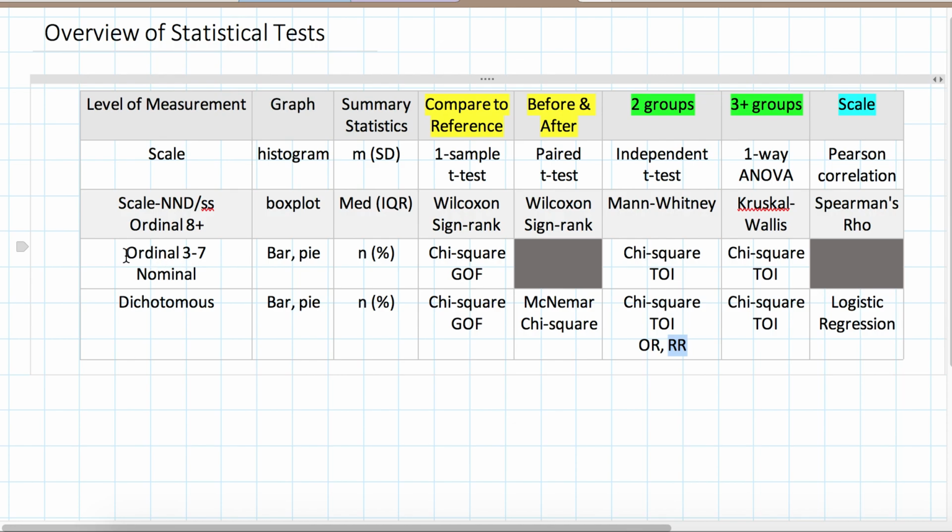As soon as we have 3 or more categories, we can have 3 or more categories by 2 categories, and that's what this box represents. So 2 by 3, 2 by 5. Here we have, similarly, 2 variables by 3 or more groups, so 2 by 3, 4, 5, 10, however many. So these 2 squares are really the same.